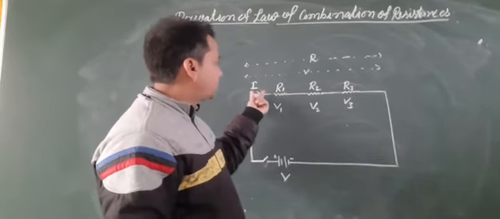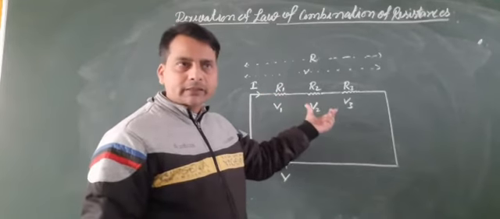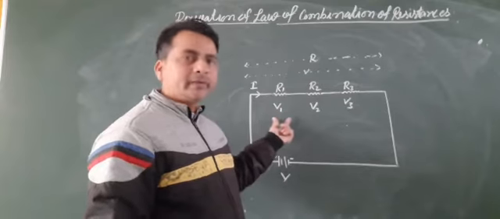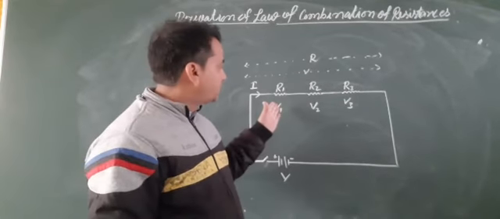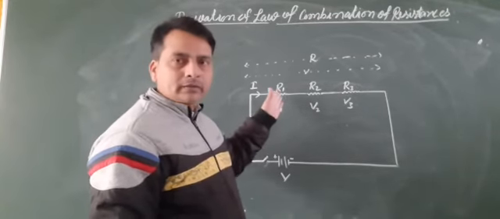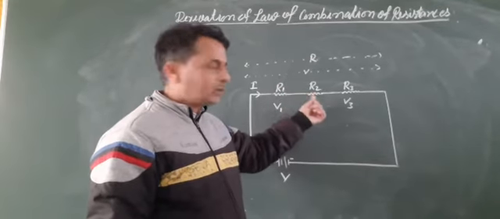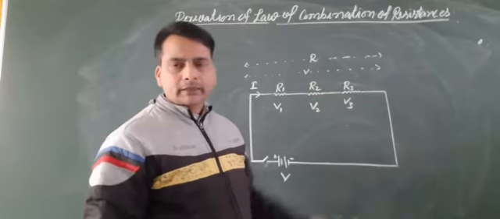The net current is the same in each resistor, and the potential difference in each resistor will be different: V1 on R1, V2 on R2, and V3 on R3.